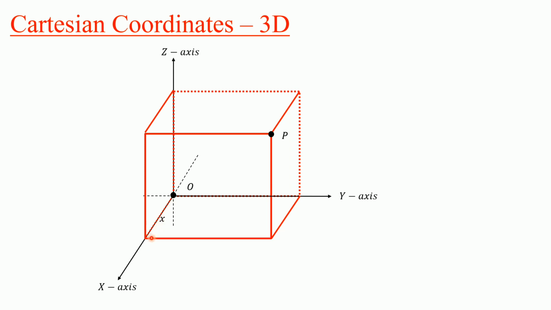So this length is x. The distance along the y-axis, we will call the width, and the distance along the z-axis, we will call the height of this cuboid or box. Therefore the coordinates of this point P are x, y, z. So this is how Cartesian coordinates for 3D are defined.